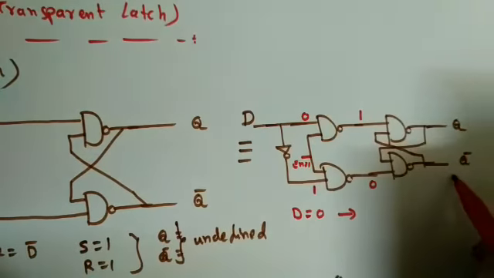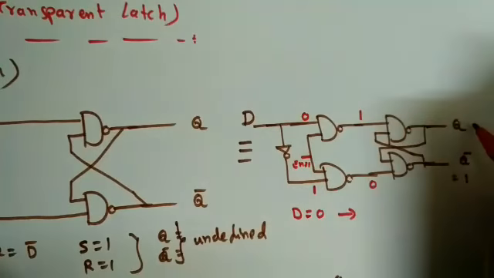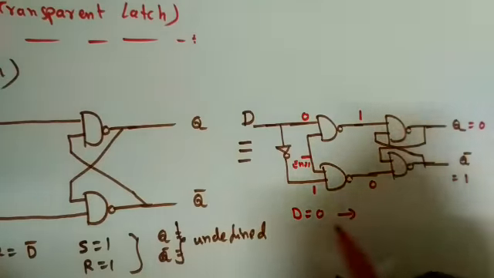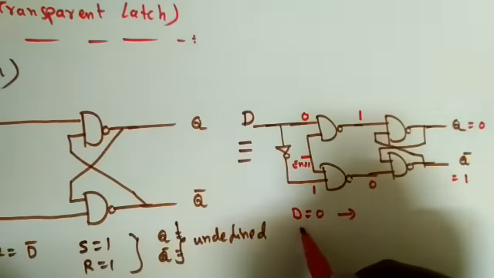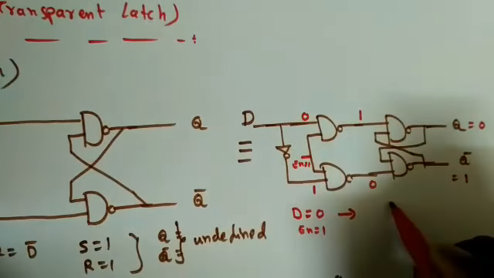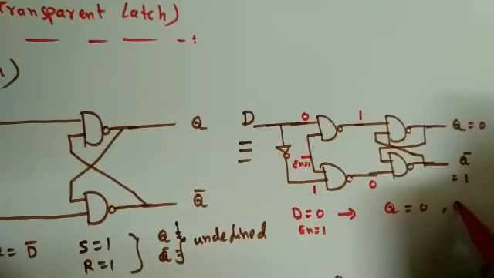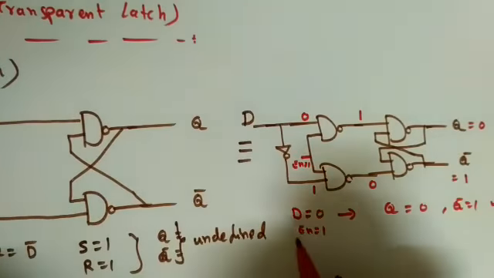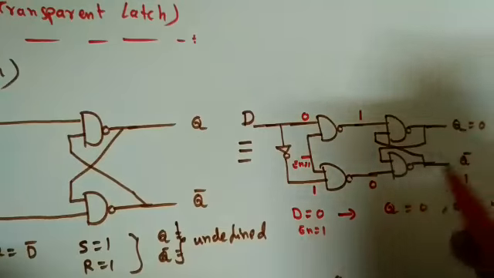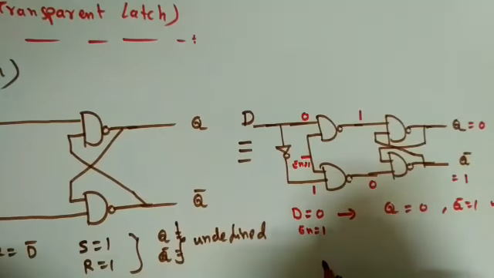So this is 0, meaning Q bar will be 1, and this is 1, so I will get 0. So when D is equal to 0 and enable pin is high, what is the Q? It is 0 and Q bar is 1. Now see, whatever input we have given is just passing to the output. Yes or no?